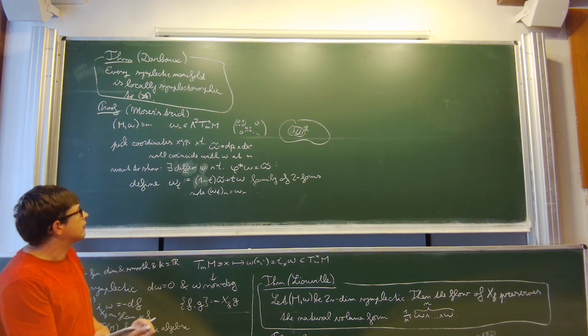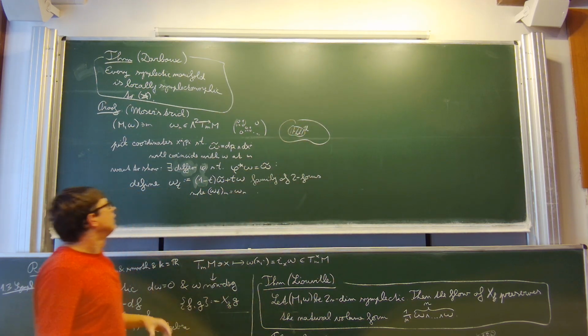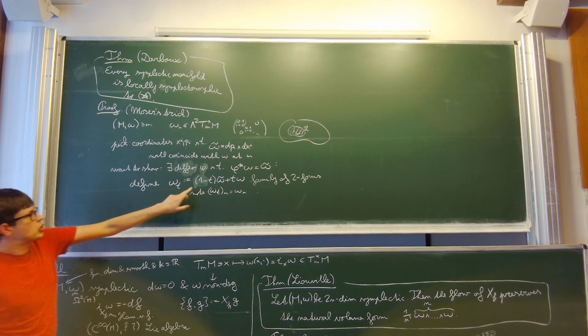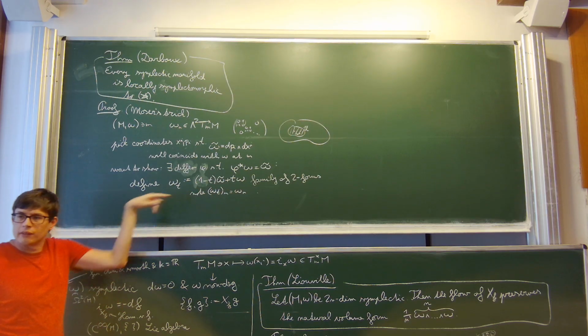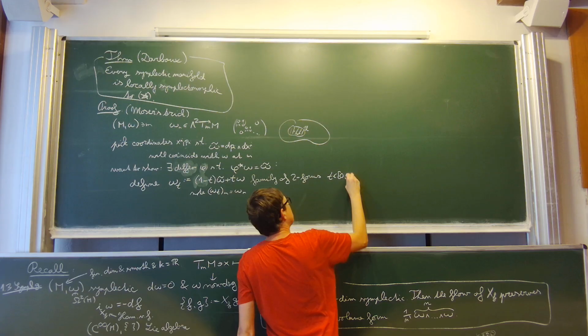And hence, if I restrict to a smaller neighborhood, I can ensure that this thing will be non-degenerate throughout the whole interval 0 to 1.